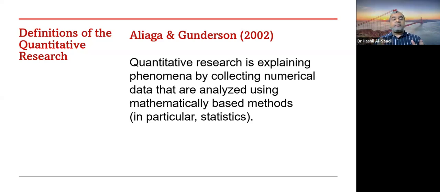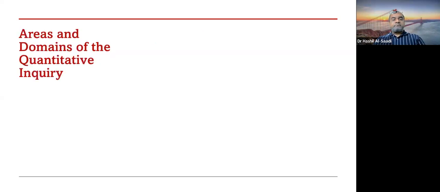And we're going to look at two types of statistics later. So this is what quantitative research is. It's an investigation that aims at studying phenomena using quantitative tools and methods, in data collection and data analysis as well. That's what quantitative research is about.